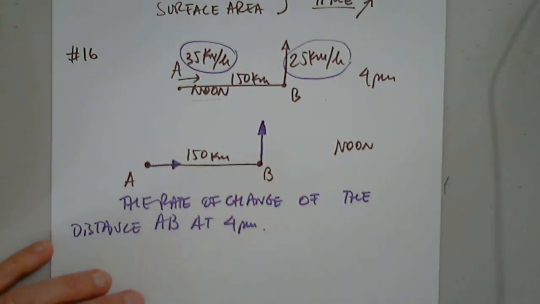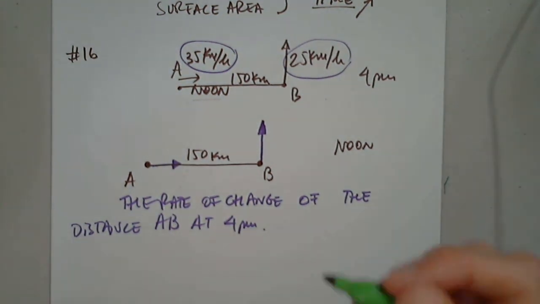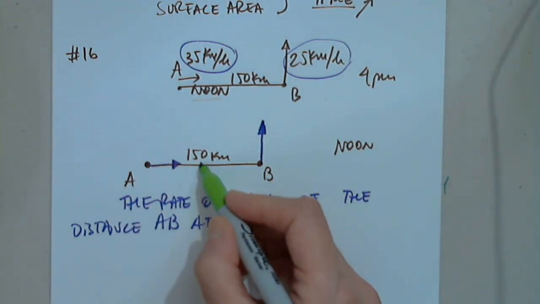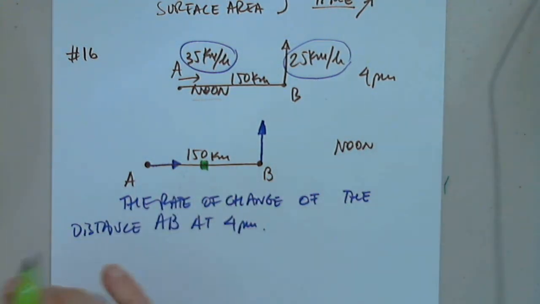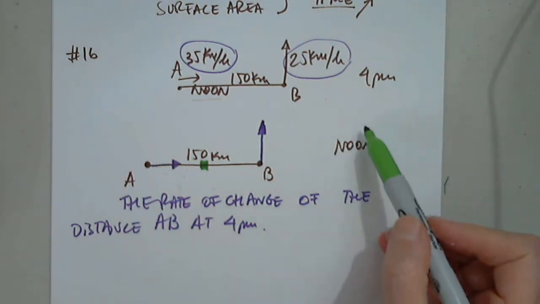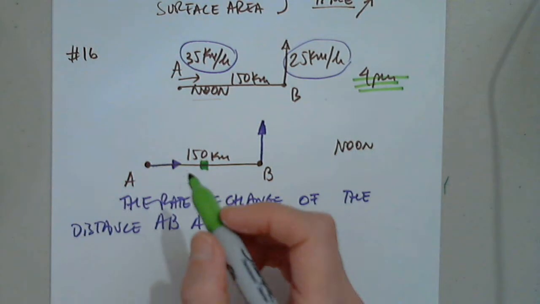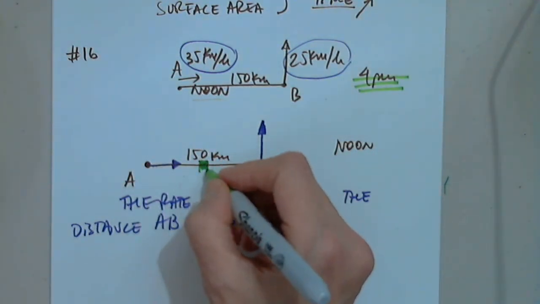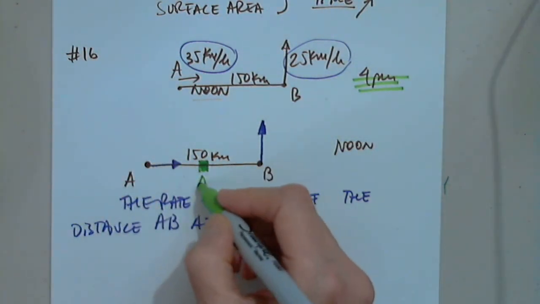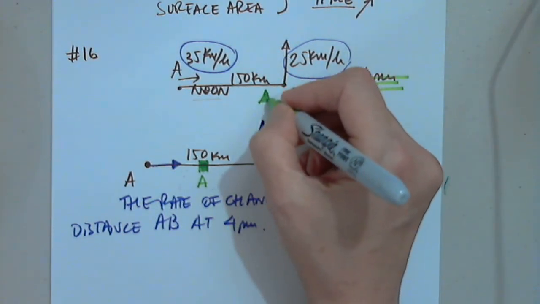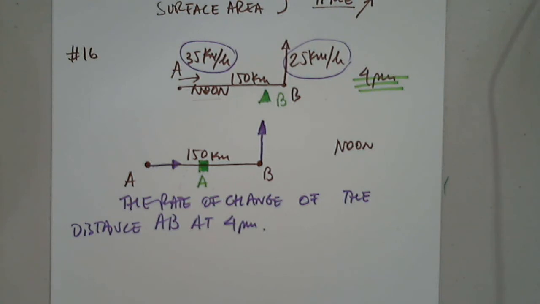So I have to picture a particular instant. For me, A now is right here at an instant. I don't know where, and I'm not interested in this just yet. But I picture in my head that at some point in time, A is here and B is up here. Why do I need to do that?